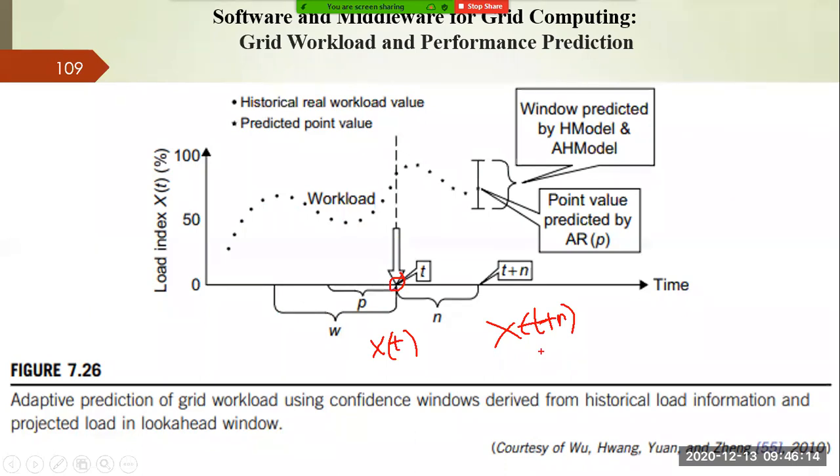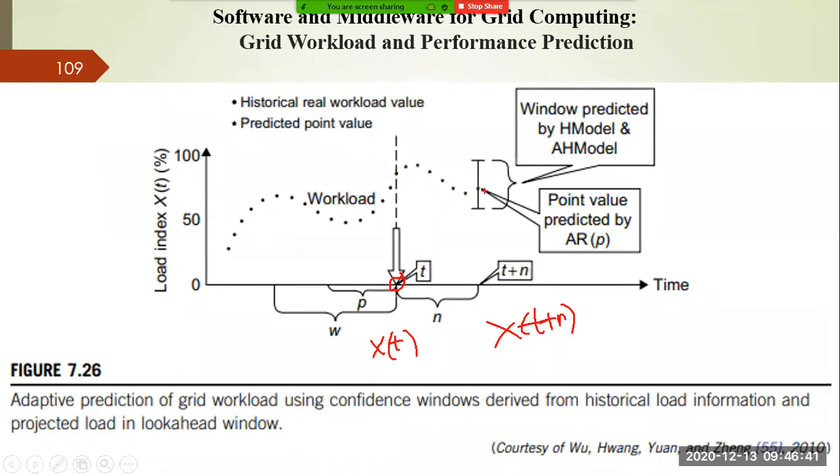If you remember, in operating systems we also have an optimal disk scheduling algorithm. In that we are looking into the future, we look ahead, and based upon that we are deciding, right? So here, instead of predicting a point value, which may not be accurate, since these are only predicted values and may not be accurate due to load fluctuation, we expect that it will go like this, but it may not.